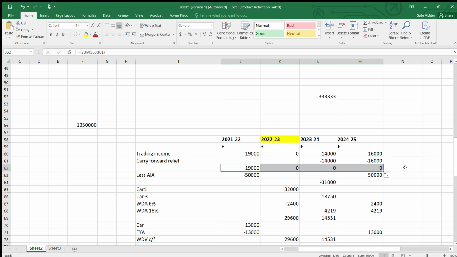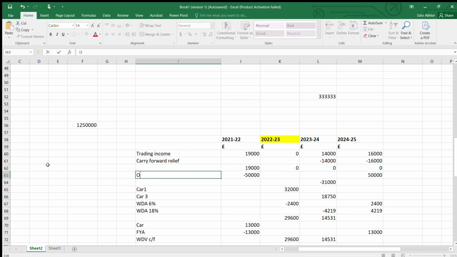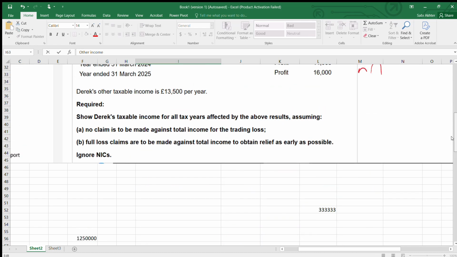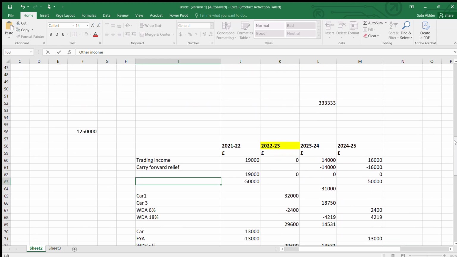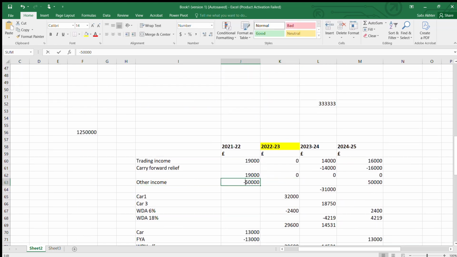Now I will add my other income. This is according to the pro forma that I'm doing. Other income, they have told 13,500 per year. Copy to the other cell. Done. Now I'm going to get my total income, this plus other income.